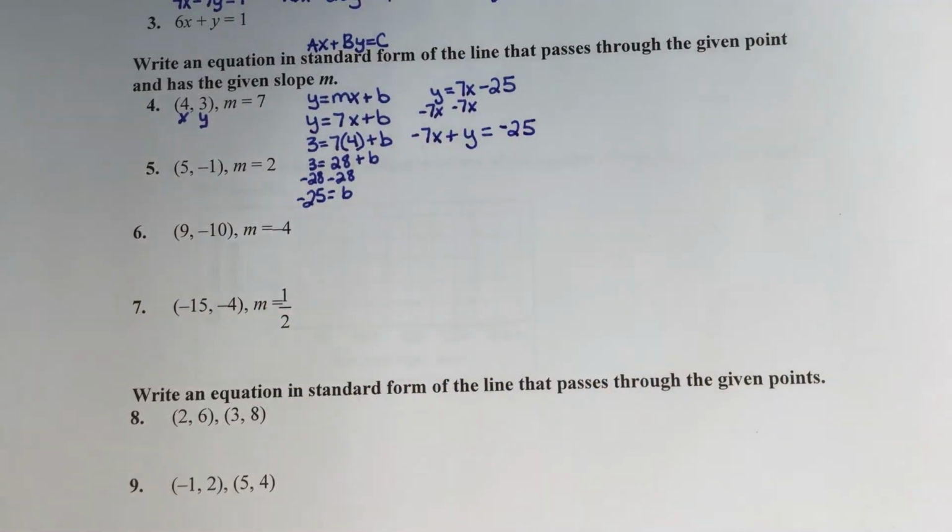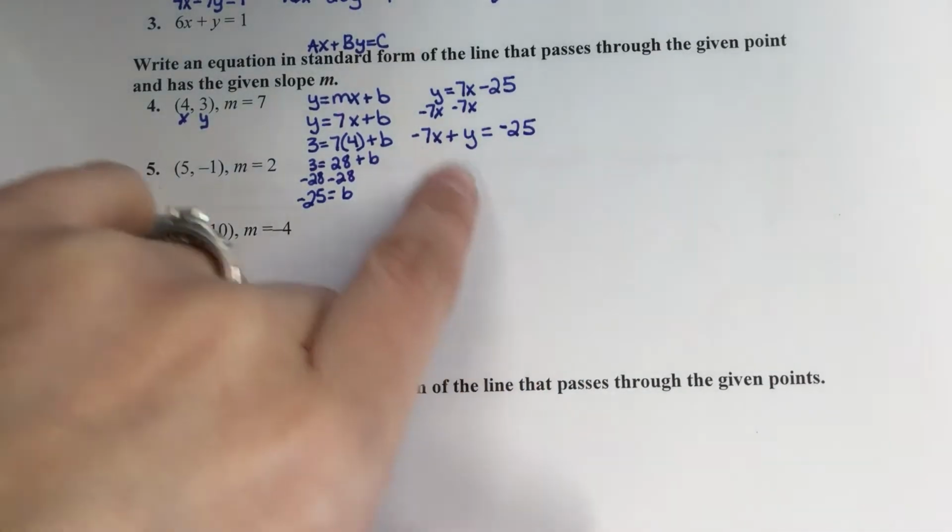What I see right now is that I have a lot of negatives, and I don't really like negatives, so I'm going to get rid of those by multiplying through the entire equation by negative 2.